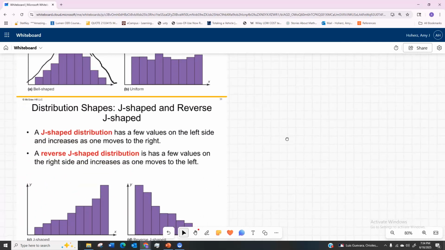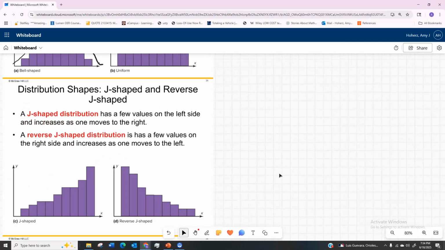Okay, so next we have what are called the J-shaped and the reverse J-shaped. If you think of the letter J, this one right here kind of looks like a letter J. And this one looks kind of like a backwards J. So what we're saying here is that the data starts low, and then it just continues to build until your biggest class, your class with the largest values, the largest frequency, is all the way to the right.